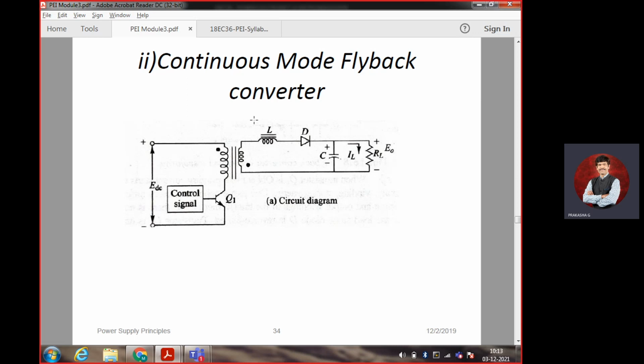This one addition is the difference with respect to the continuous mode of flyback converter.